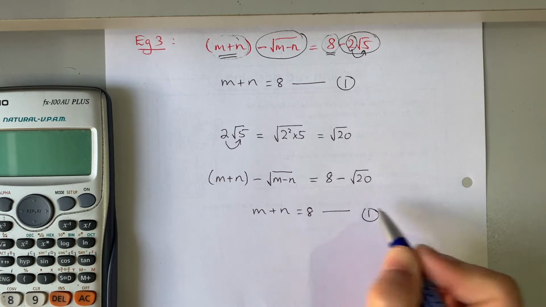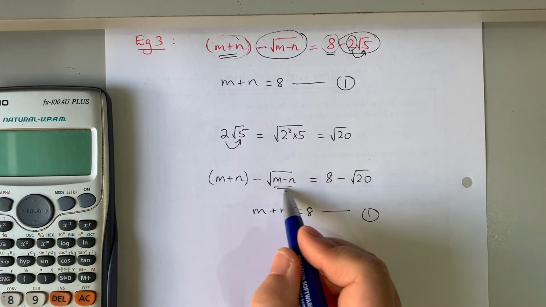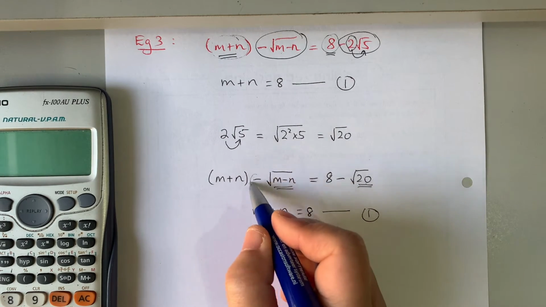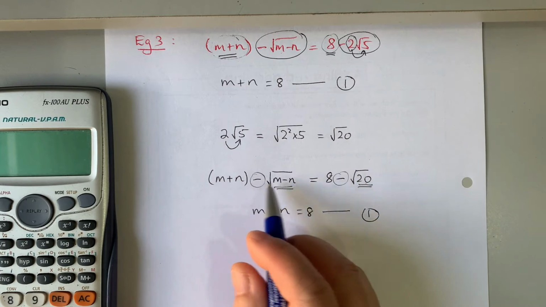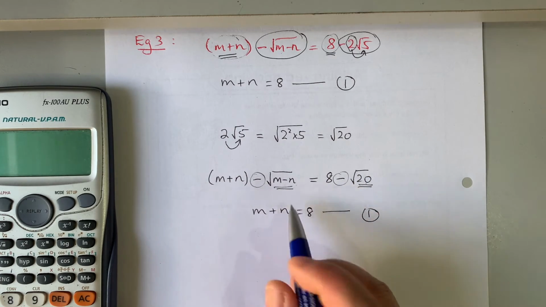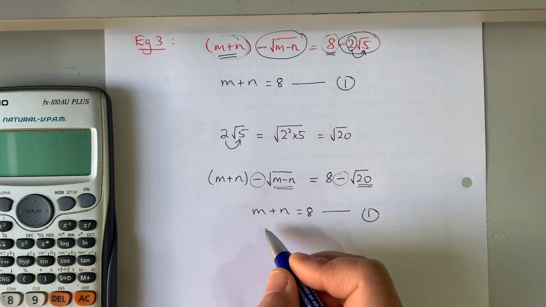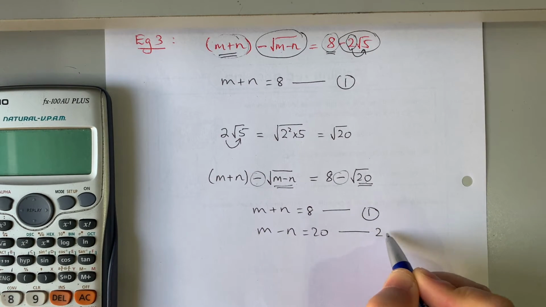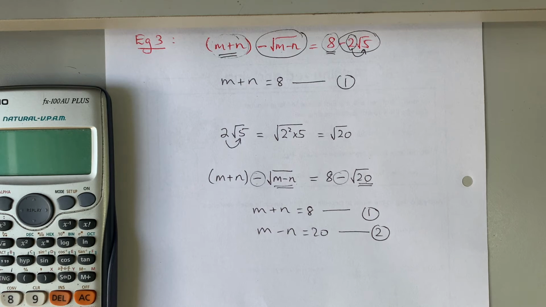We called that equation 1. And inside the square root, these two numbers have to be the same. So notice that we've got the minuses there already, so they're equal to each other. We don't have to worry about the sign. m minus n is equal to 20. That's equation number 2.